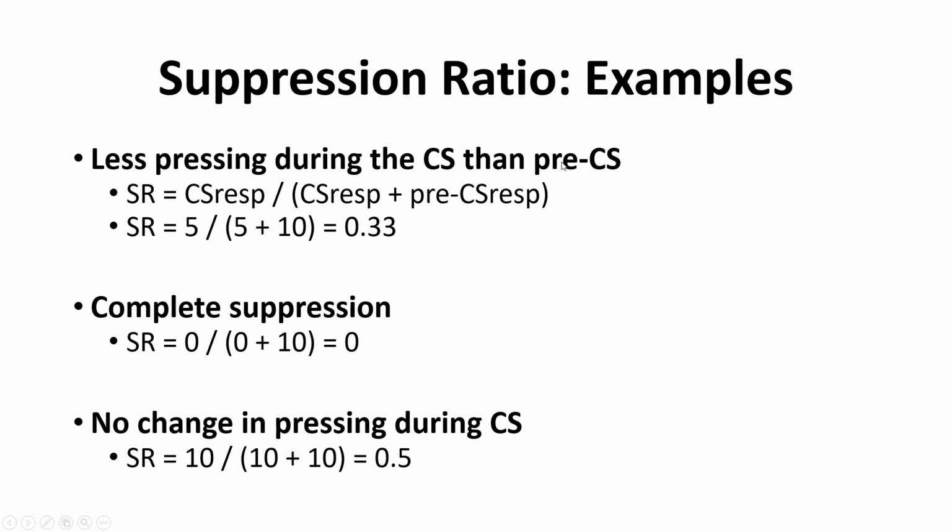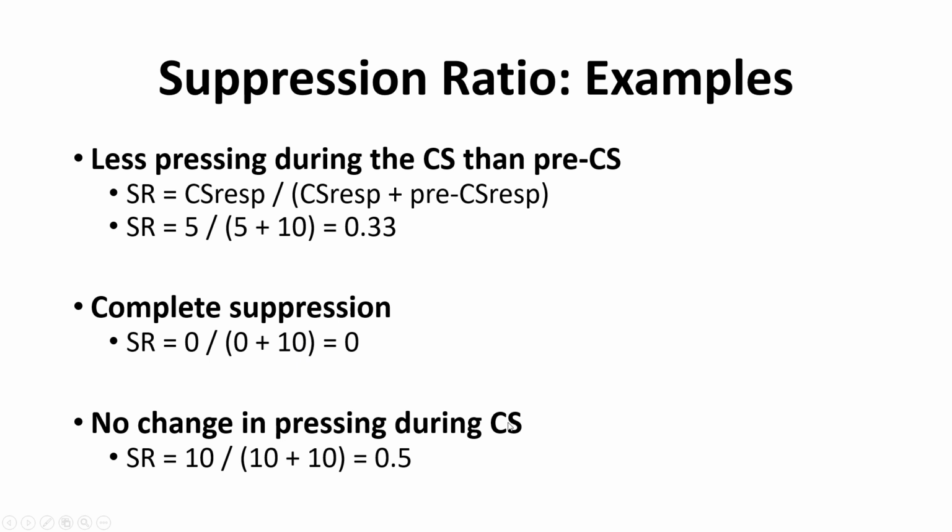Our pre-conditioned stimulus responding is still 10, so that number stays at 10, but now our behavior after conditioned stimulus delivery is 0 lever presses. So 0 divided by 10 is still 0. That tells us that there was complete suppression. There is no behavior after the conditioned stimulus was delivered, even though there was some before it was delivered.